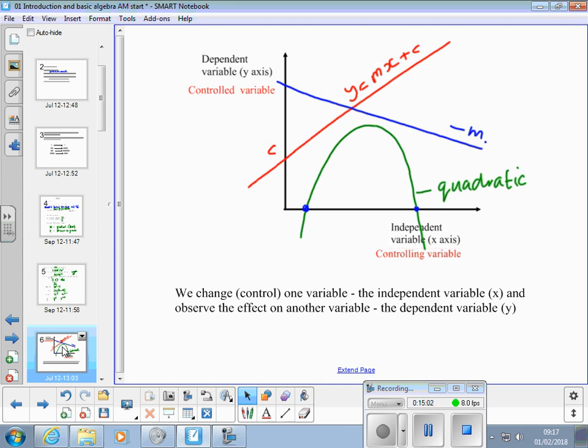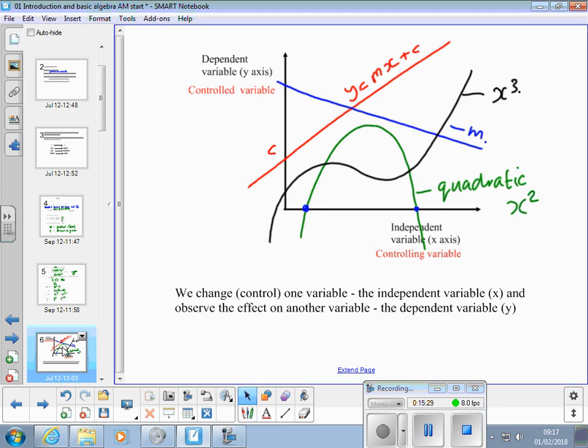We also may well come across cubic functions like so, which may or may not have a point of inflection like that one. They'll have an x cubed term, cubic. Okay, the quadratics, by the way, have got an x squared term in.